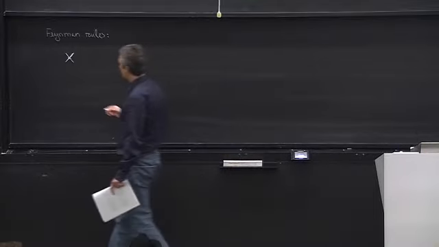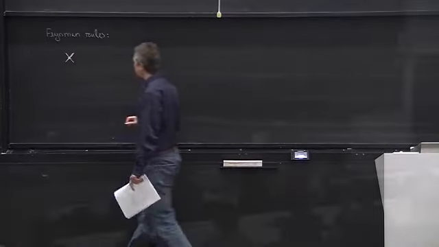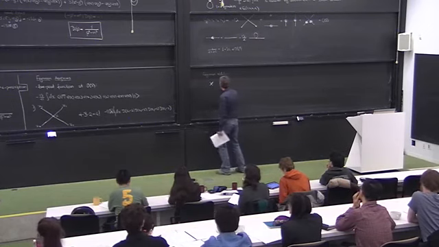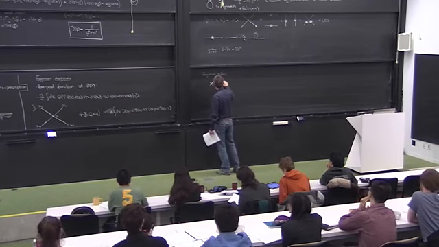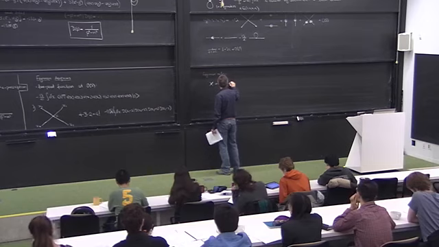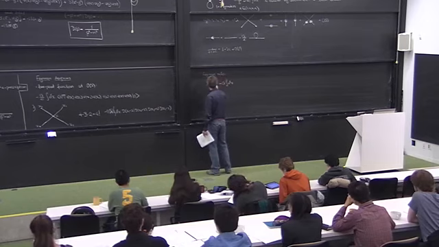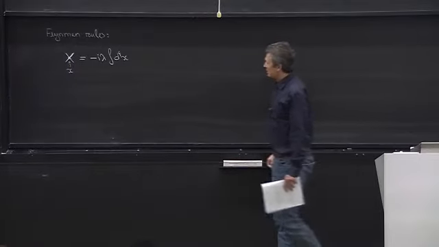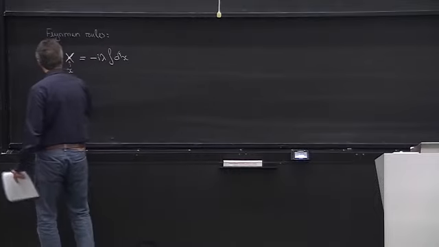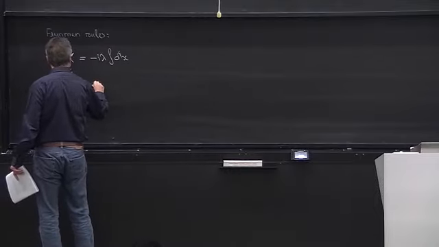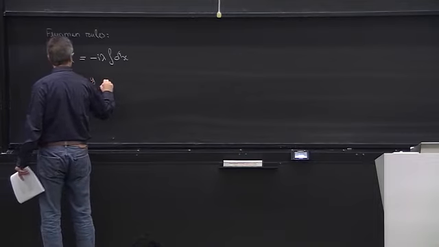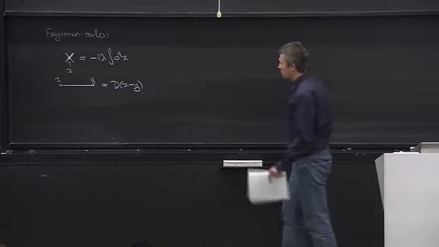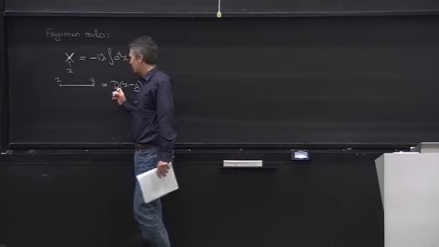And so we'll have a vertex with four field lines that come out from it. Each vertex is associated with a factor of minus lambda integral over x, where x is the position of this vertex in space-time. Then, if you have a line that goes from point x to point y, you should assign a propagator to it, D of x minus y.